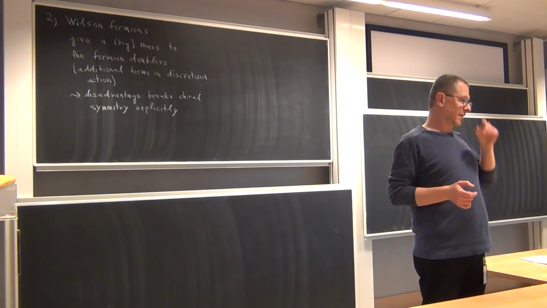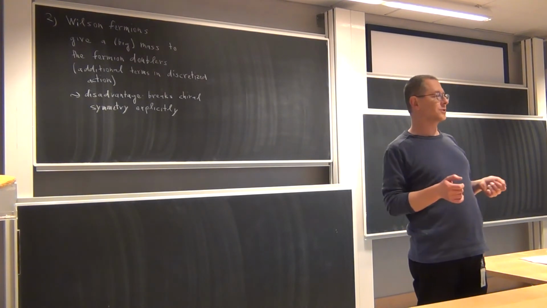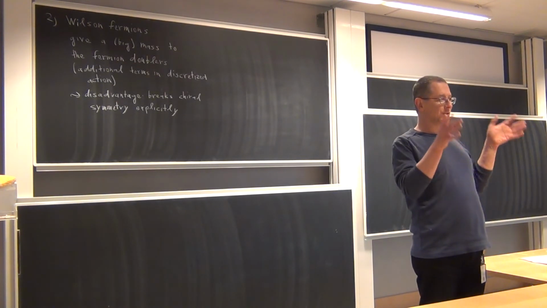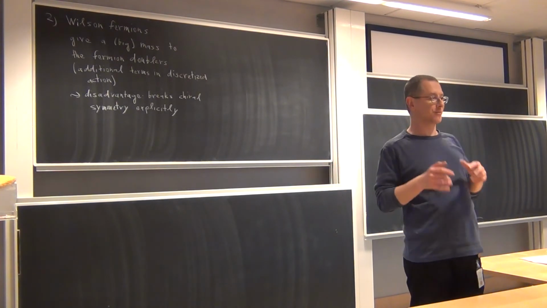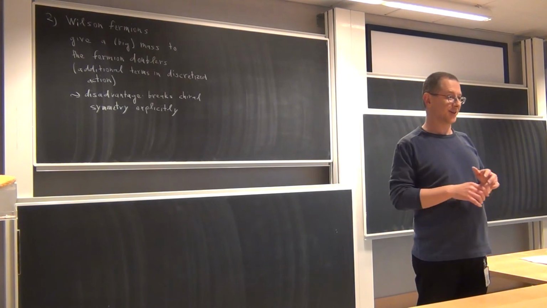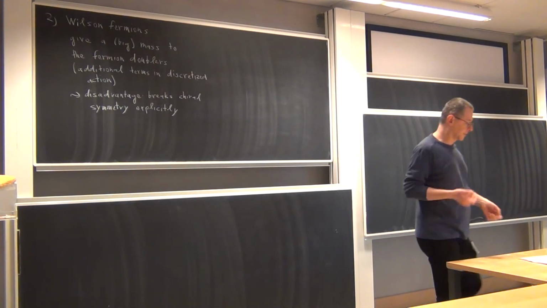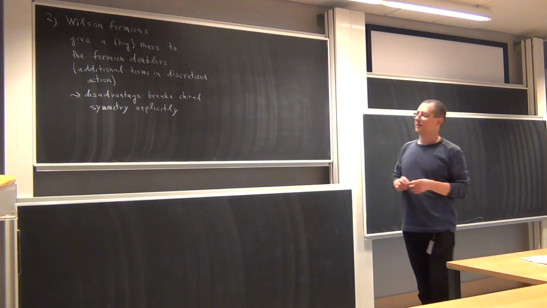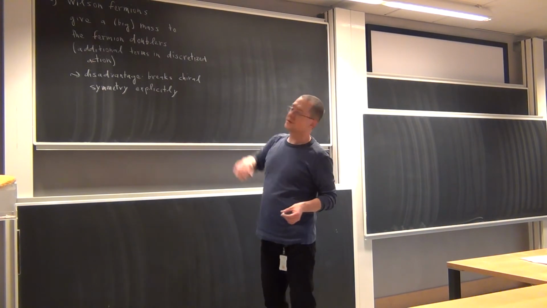And I mean, you need a lot of trust in your continuum extrapolation when you always have something where the symmetry is broken and you want to extrapolate to something where then hopefully the symmetry is not broken. So there is still something one feels uneasy with. Okay, so this is the disadvantage.